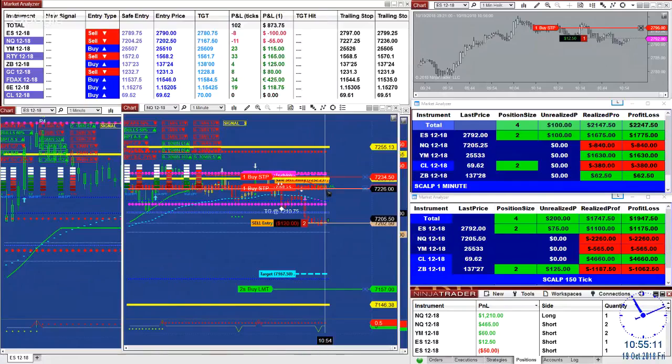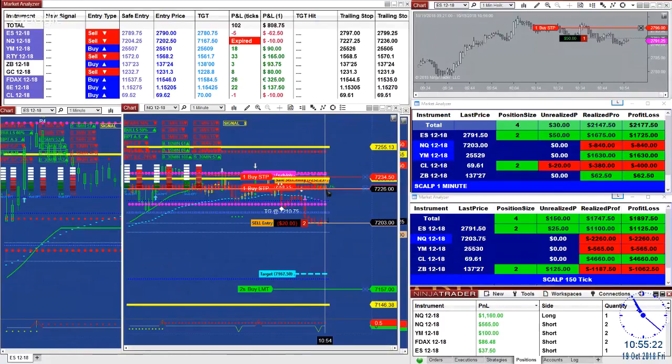Now some guys go in and out within seconds. So now the market takes time to turn around. It's not like it used to be.